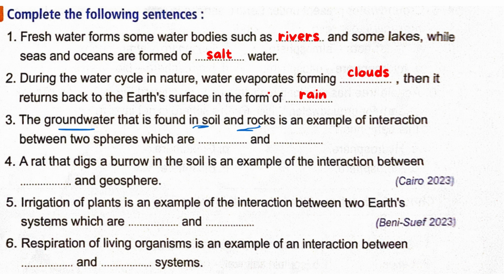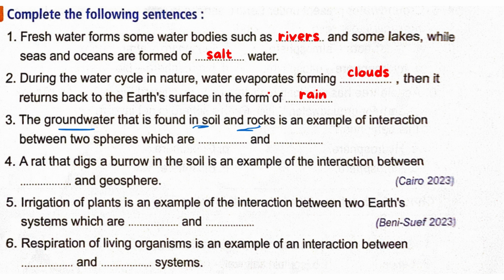So during the water cycle in nature, water evaporates, forming clouds. Then it returns back to the earth's surface in the form of, yes, rain. So here the answer, as you see, during the water cycle in nature, water evaporates, forming clouds, then it returns back to the earth's surface in the form of rain.